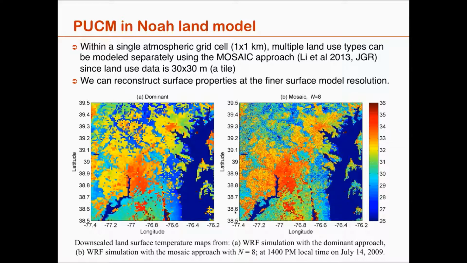The surface model here is PUCM embedded with the NOAA land surface model. NOAA land surface model takes care of the land surface that's non-urban. With that, you can reconstruct the surface properties such as soil moisture or temperature at a much finer scale than the atmospheric component. So if we ran the surface model at the same resolution as the atmosphere, we would get the picture you have on the left.